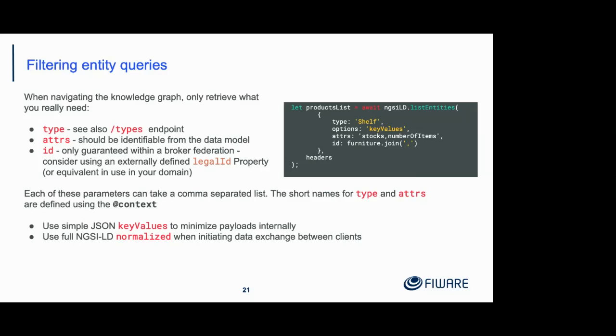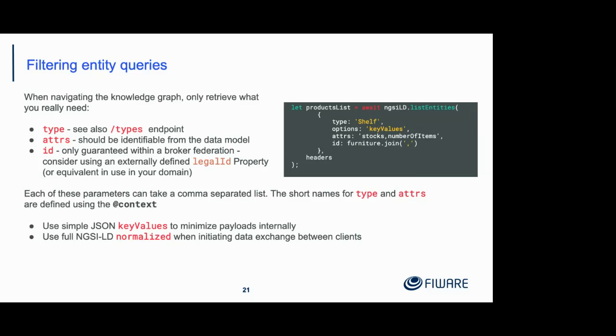I want to sell beer, and as my beer depletes, the status of the store changes and I potentially want to raise a subscription because I've run out of beer. Now, in order to do this, when we are navigating the knowledge graph, we do not need to get the full entity in all cases.